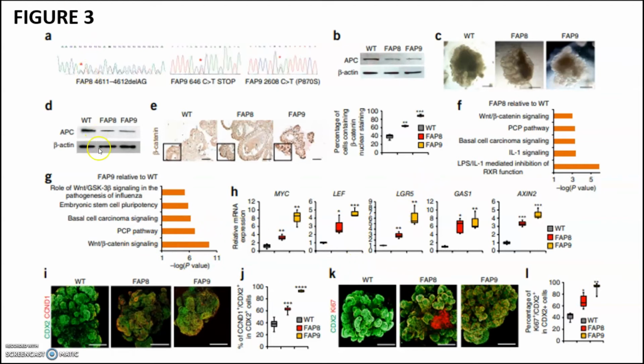And then in figure 3I and figure 3K, we see just images of these organoids for CDX2 CCND1, and then CDX2 Ki67, and then you can just see the confirmed colors, where green is CDX2, and then the red is CCND1, and then Ki67.